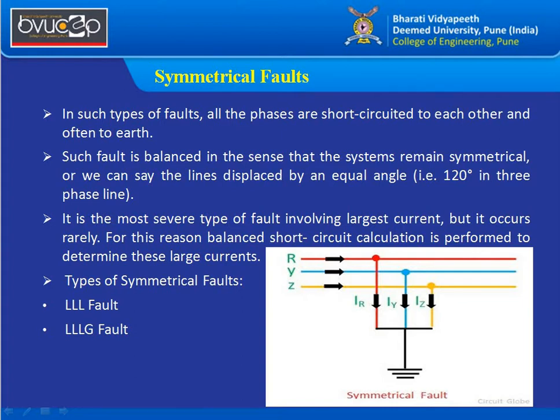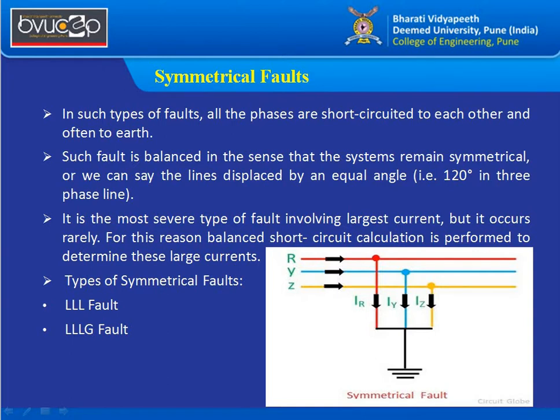So this type of fault is said to be symmetrical. Only the displacement of the angle will be 120 degrees apart from each other, and the magnitude will be the same. It is the most severe type of fault, which has a huge amount of current, the maximum amount of current, but it occurs very rarely, which we can consider as 5 to 8%. For this particular reason, the balanced short circuit condition is determined by this large amount of current.